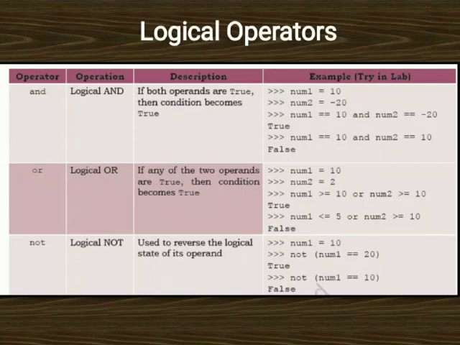What is the value for num1? The value for num1 is 10. 10 is equal to 20? False. The result is false. But outside the parenthesis we have written not. So not will negate the condition. It will make true into false, and false into true. So the condition is false, so it has become true.